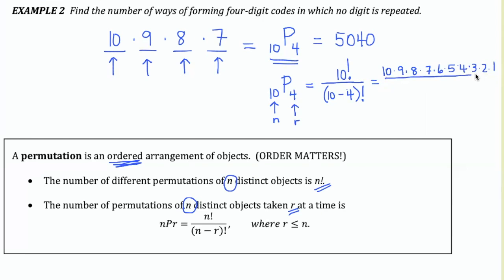And 10 take away 4 factorial would be 6 factorial.